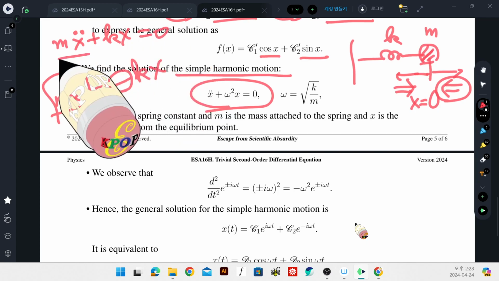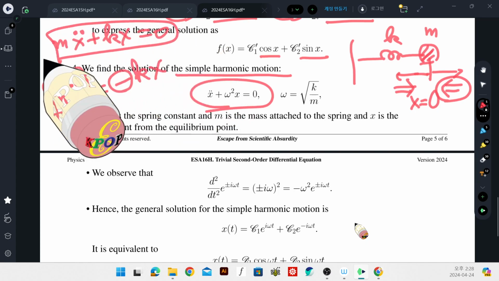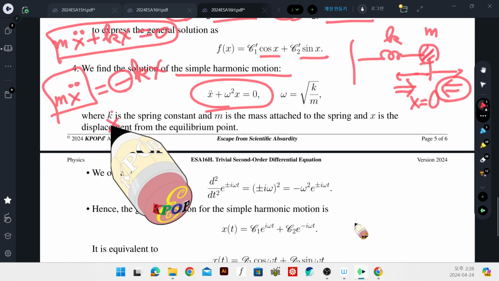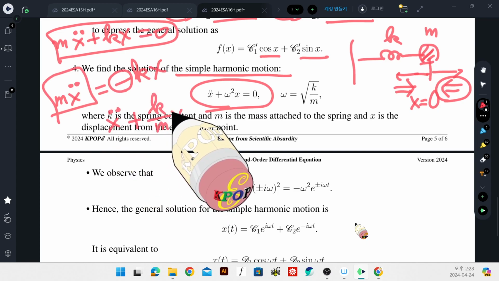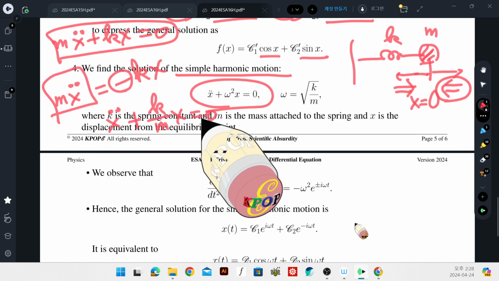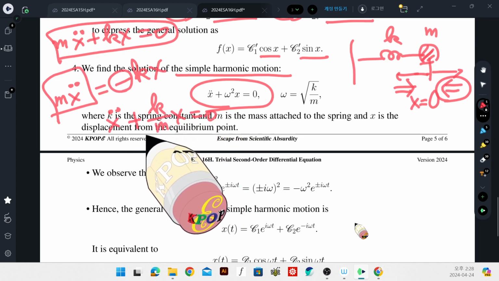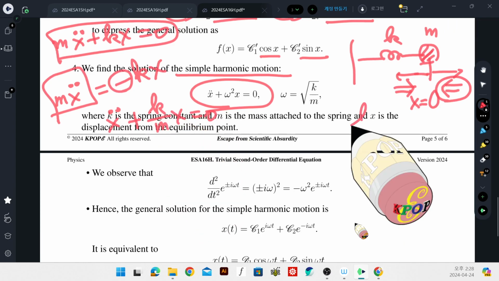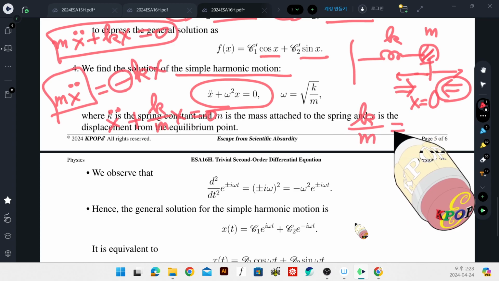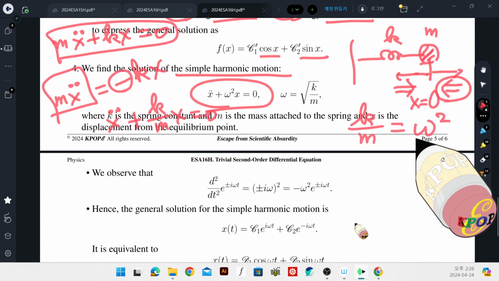and we divide both sides by the mass, and we have the double derivative of x plus k over m times x equals 0. We know the spring constant and mass are both positive, and k over m can be expressed as the square of a real number.